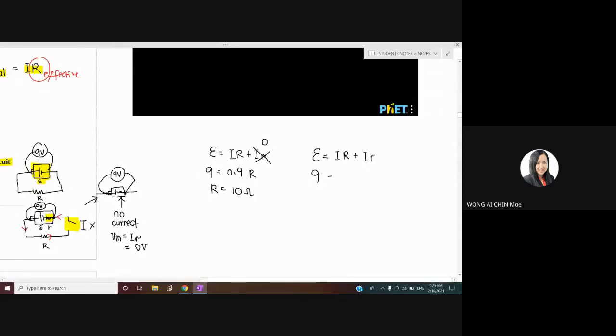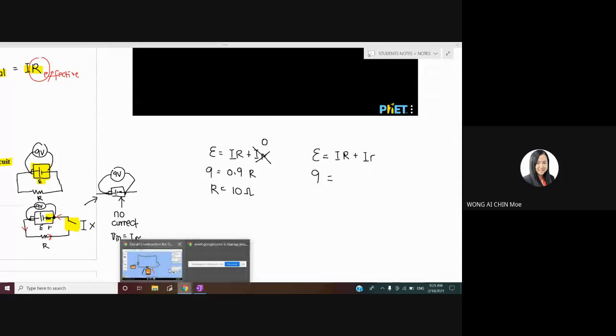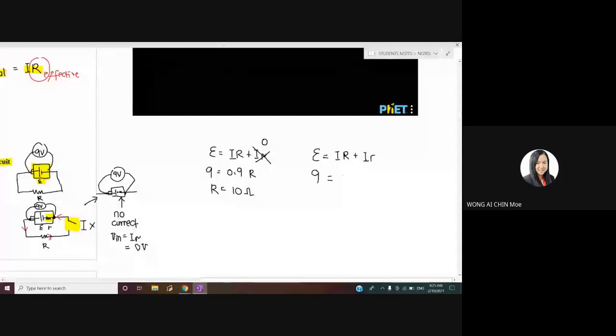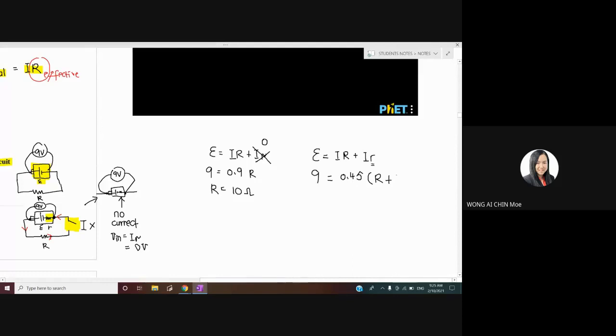And the current that we measured just now using the ammeter is 0.45. And our external resistor, we don't know. This is the way we want to find external. Plus internal resistor, which just now I shifted to 10 ohm.